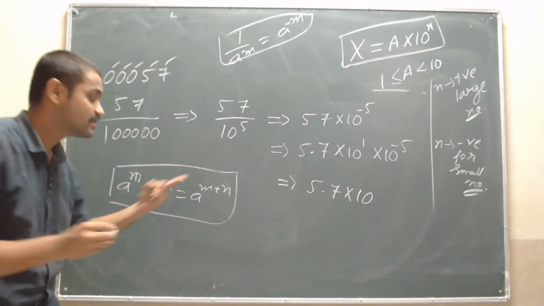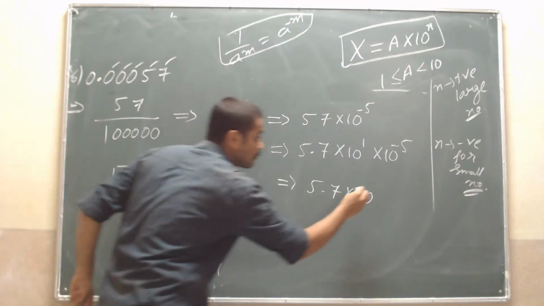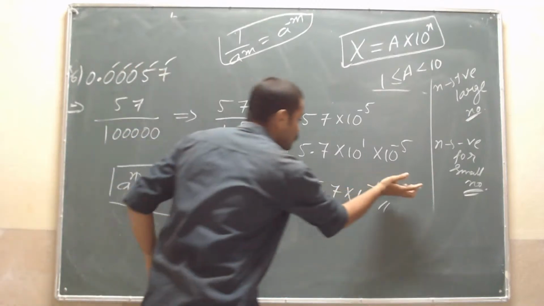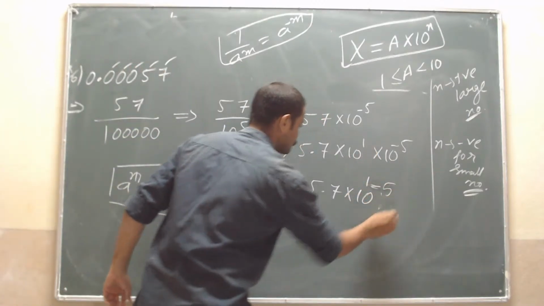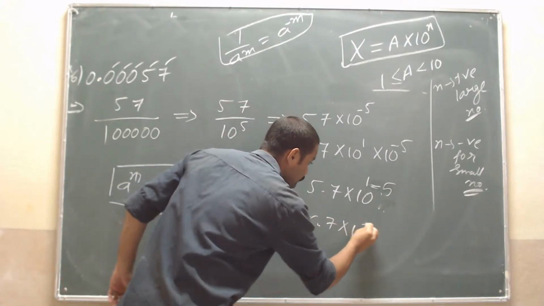So 1 minus 5 becomes minus 4. See, one more step: 1 minus 5. So it is 5.7 into 10 to the power of minus 4.